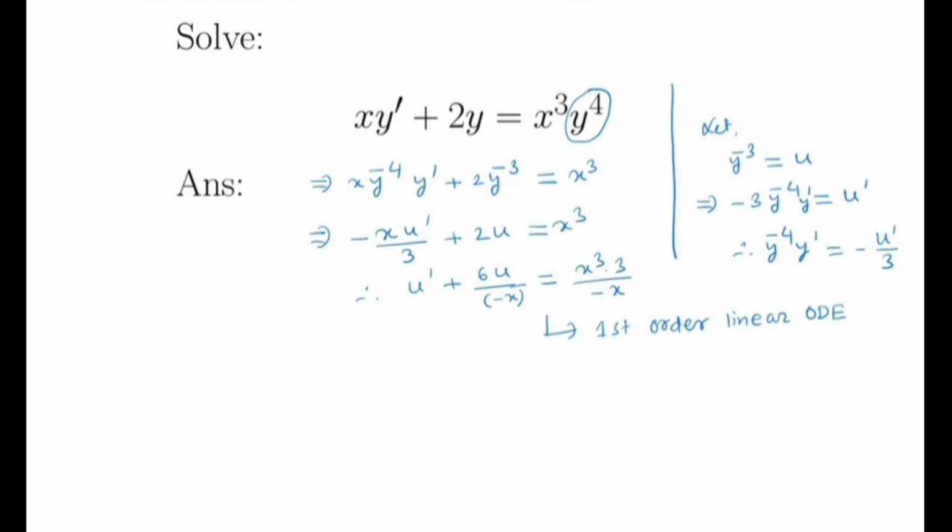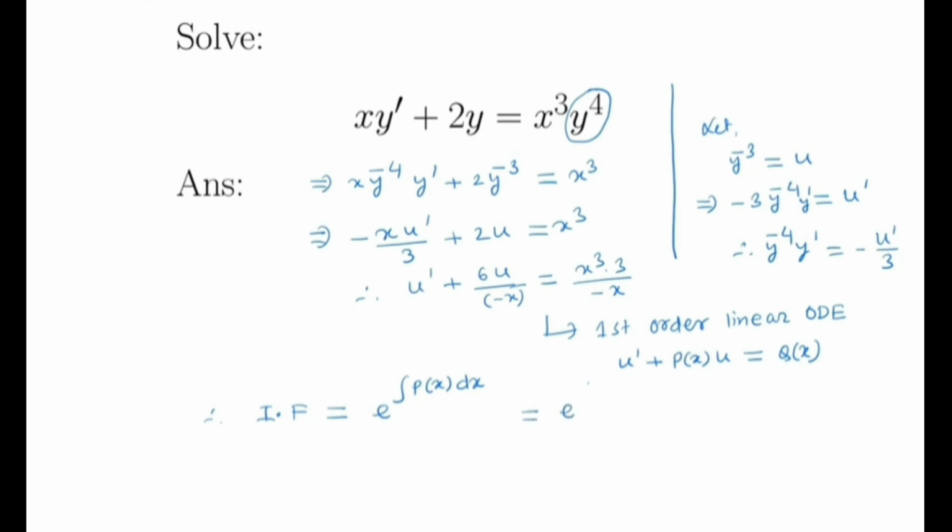So now coming back to the problem, here this differential equation is of the form u prime plus p(x) u is equal to q(x). So how to solve this equation? It is solved by finding the integrating factor. So integrating factor is e to the integral p(x) dx.